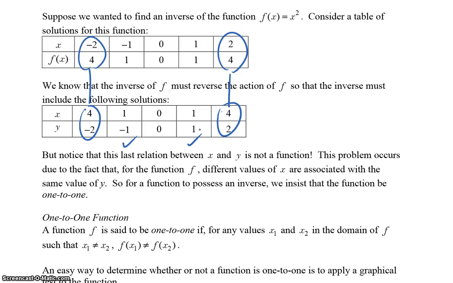In other words, different x's always correspond to different y values. If that doesn't occur, then the function will not be one-to-one, and it will be impossible to define an inverse function for that given function. We might be able to define a relation, but it will not be a function.